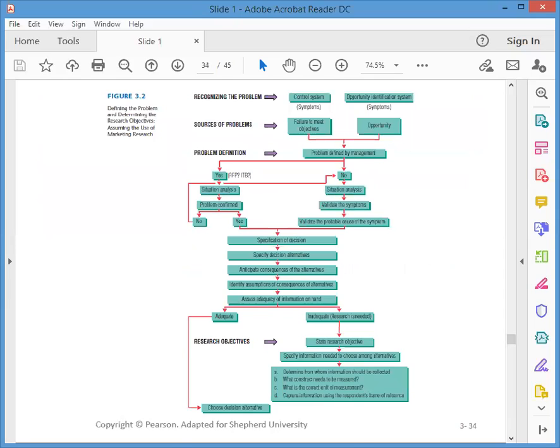So then we are at the stage where we specify the decision. We identify the manager's assumptions about the consequences, and looking at the figure here, after we identify the consequences of the decision alternatives, we must address the assumptions we have made in stating these consequences.